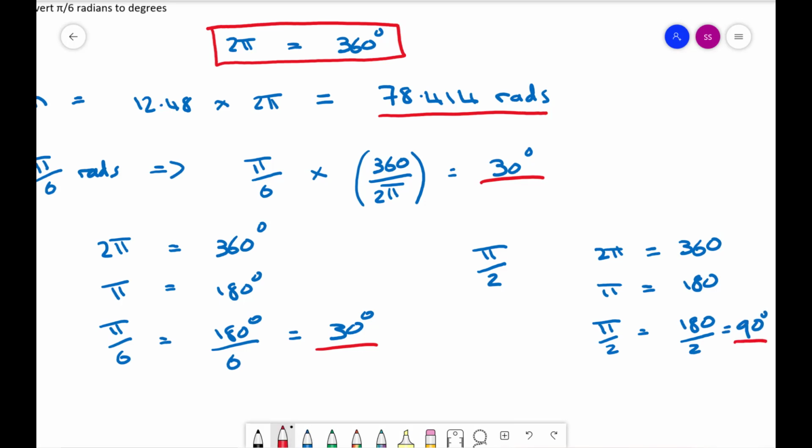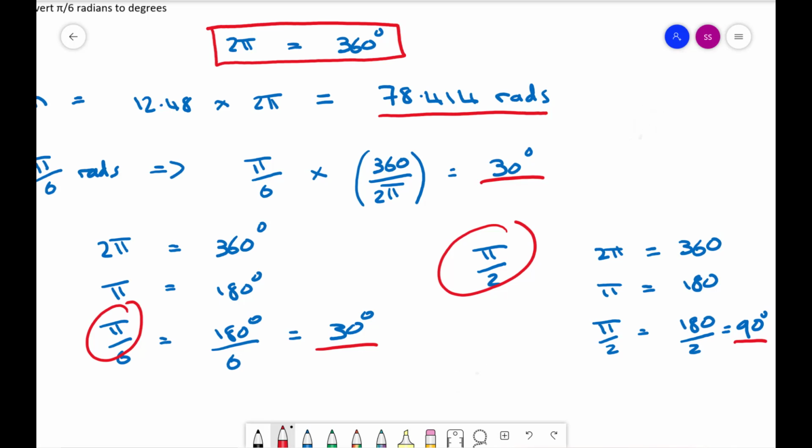So you can see how this works. They often like to ask about these ratios of pi questions because they often throw people off and they get all mixed up with it, that it's not just a normal number. But generally, they give you one that will reduce down into a nice easy answer like the 30 or the 90, and you can do these in your head. So do watch out for those, because the exam does like to ask them and they can be a little bit tricky.